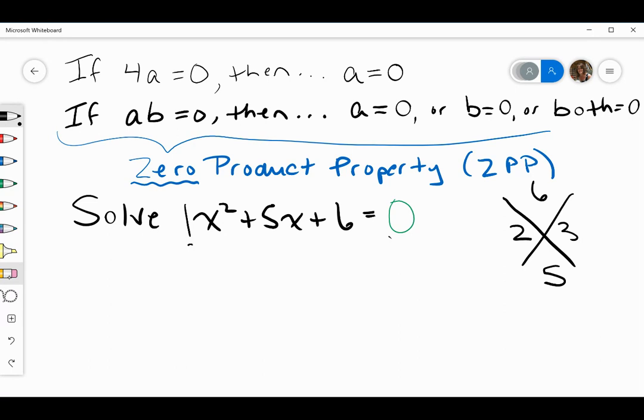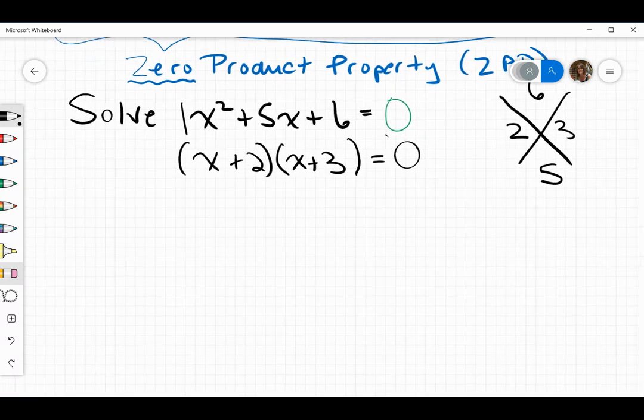So when I factor this, because I don't have an a value, just plop these right into my binomials, right? x plus 2, x plus 3, and it equals 0. Well, a times b equals 0.